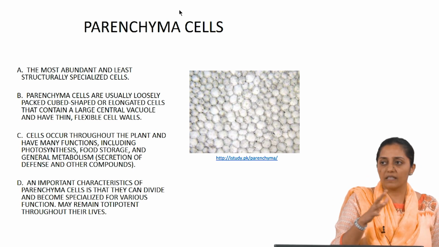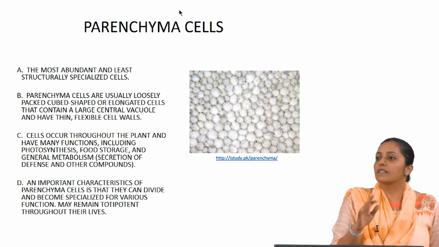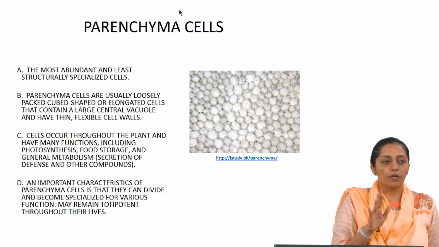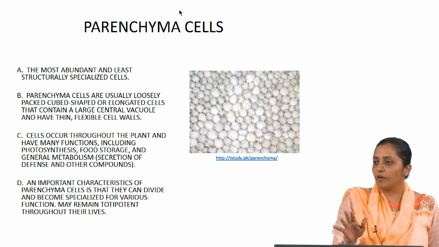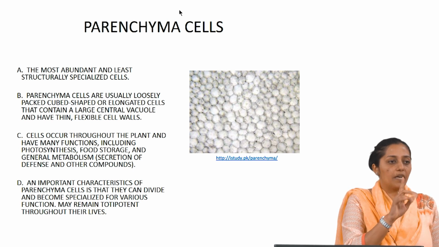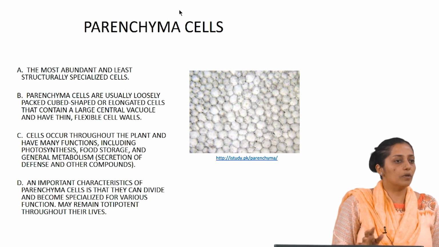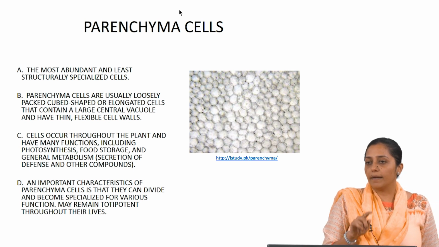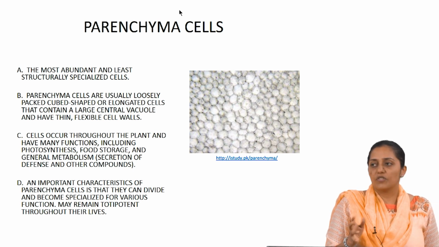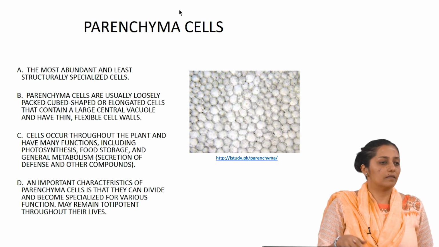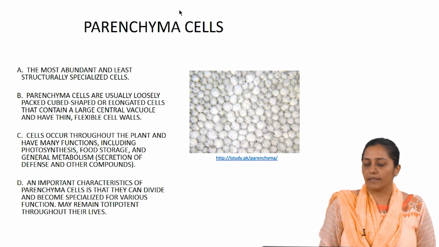There is change happening in the cell size, shape. So the cell wall needs to be flexible. So in all these parenchyma types of cells, there is only a primary cell wall, so that they are more flexible. You will find them square shaped generally, but still the shape can change a little.